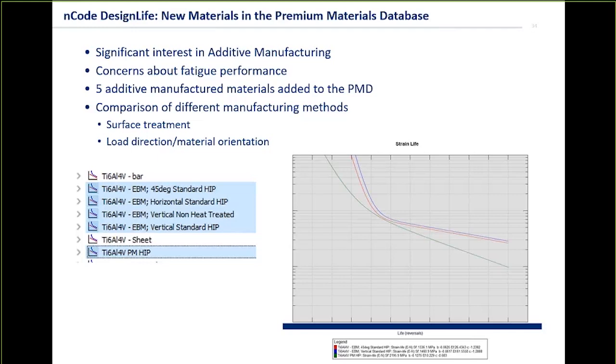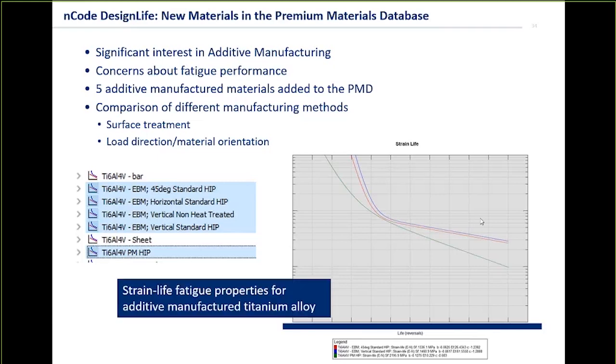They're all titanium alloys with, as you can see on the screen, different surface treatments, giving slightly different fatigue performance for those nominally similar materials. So that's a set of strain life fatigue properties for additive manufactured titanium alloys, and we'll be looking at adding more of those in the future and continuing to add more materials to the Premium Materials database.